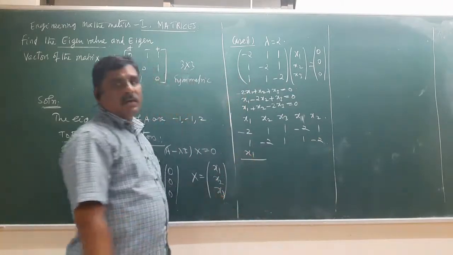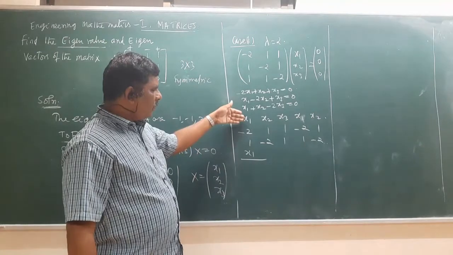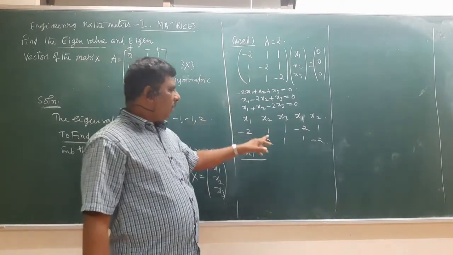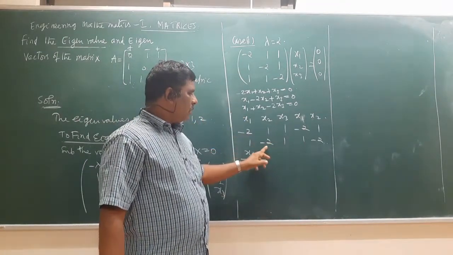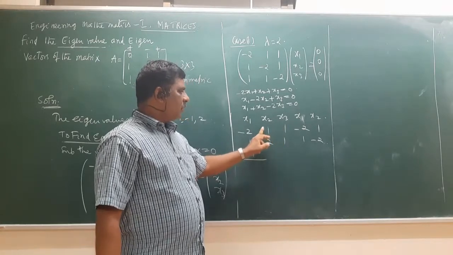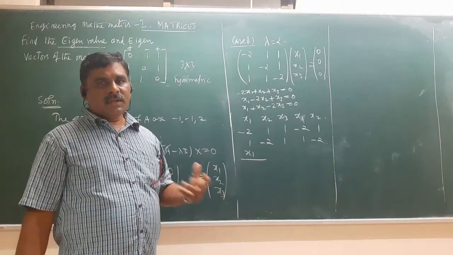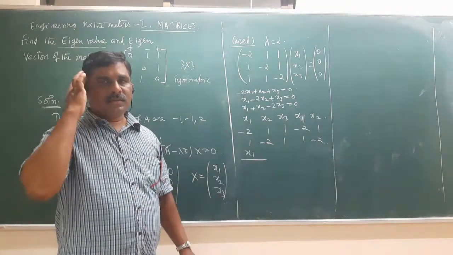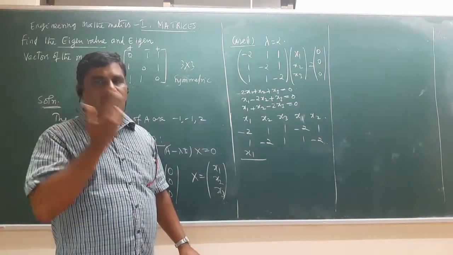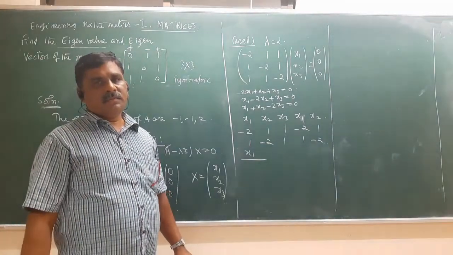To find x1, leave that first column, then write that 1 minus 2. For the next two values, you have to find the determinant. See, if any doubt is there, I clearly explained in the last class. I give the link for the last class in the description box.